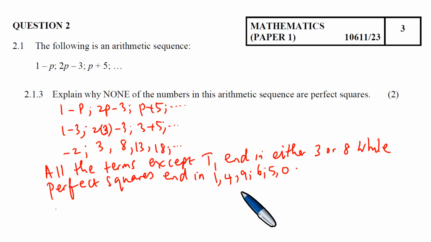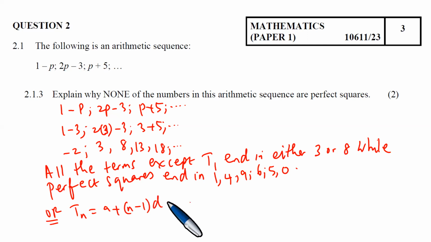Alternatively, a student can say, or you can look at the fact that Tn is a plus n minus 1 times the common difference, and realize that the first term is minus 2 plus n minus 1 into the common difference.